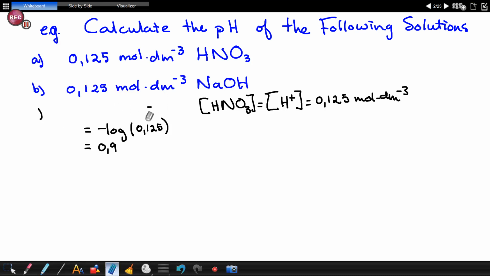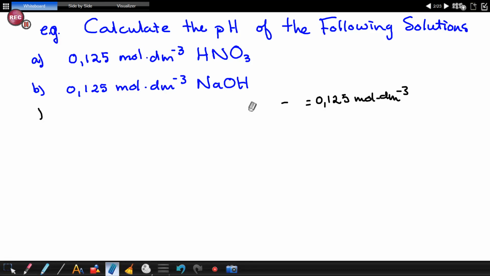Now B is a base, and the pH refers to the concentration of the hydrogen ions. So the concentration of the hydrogen ions is the same as the concentration of the oxonium ions, but here we have hydroxide ions mixed with the water.